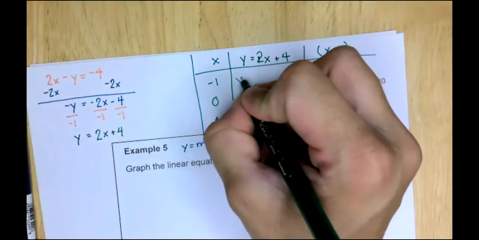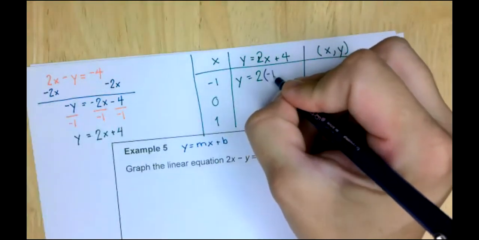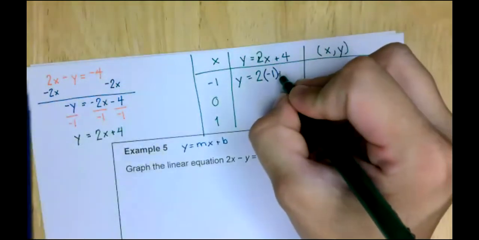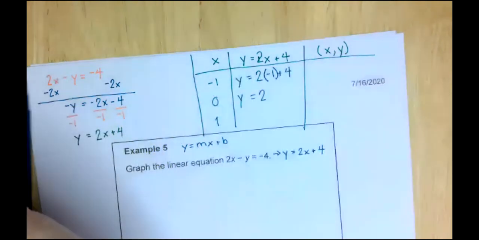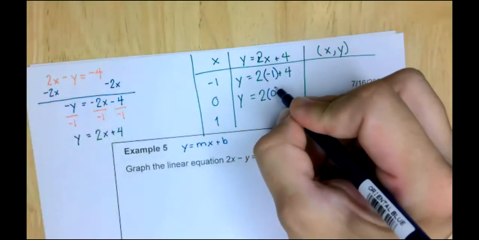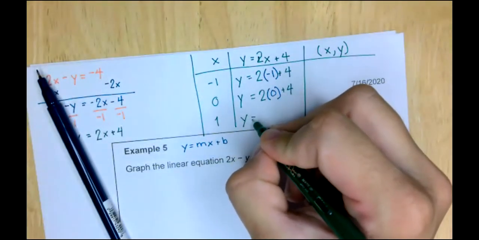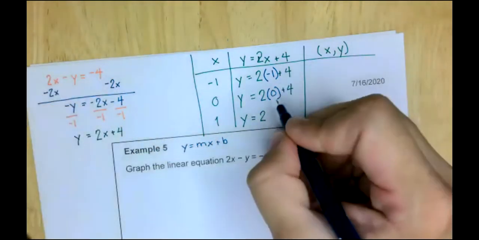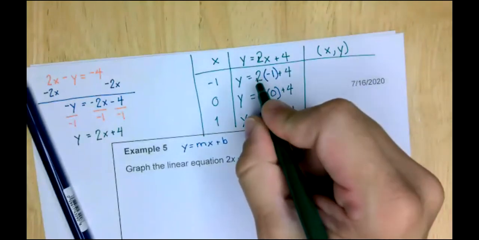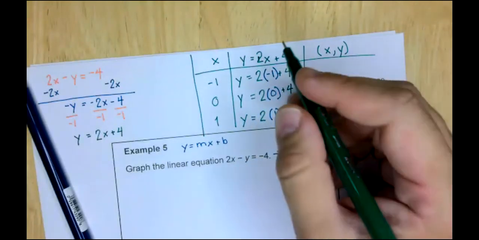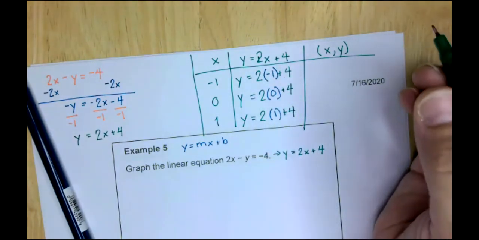All right, so here we go. Y equals 2, but the x is -1 plus 4. Y equals 2 times 0 plus 4, or y equals 2 times 1 plus 4. 2 times -1 is -2, right? -2 plus 4 becomes +2, right?